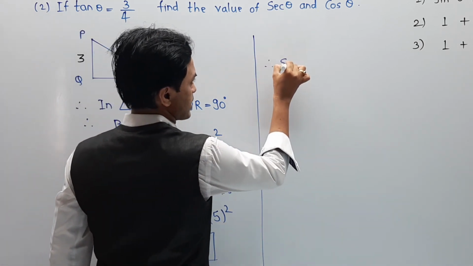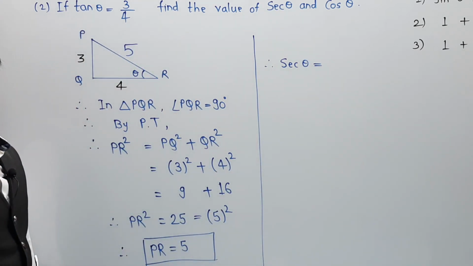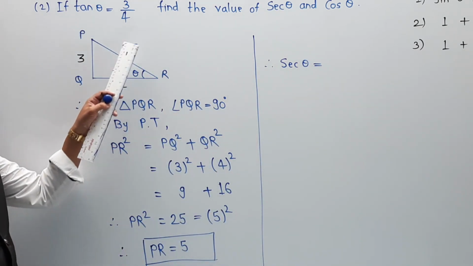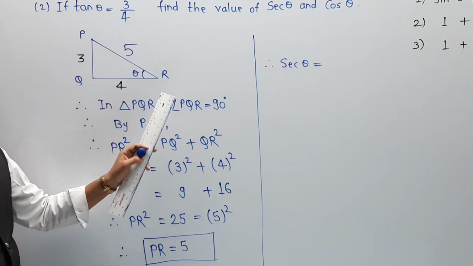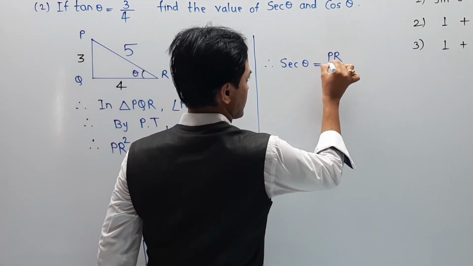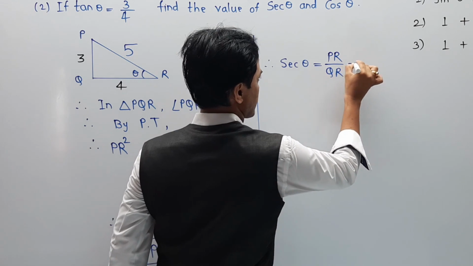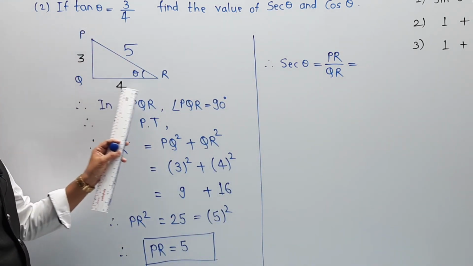Therefore, sec theta. As per the triangle method, sec theta means hypotenuse upon adjacent side, means PR upon QR as per this diagram. So I am writing PR upon QR, and this PR upon QR means 5 upon 4.